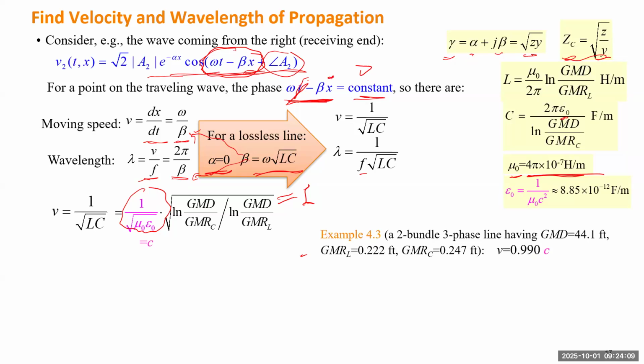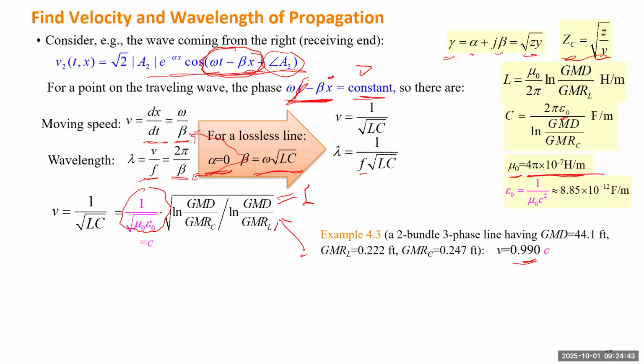So go back to this example in section number 4. If you consider two bundled three-phase lines having a GMD of 44 feet, GMR-L of 0.22 feet, and GMR-C of 0.2425 feet, and you plug those values into this formula, that factor is 0.99.